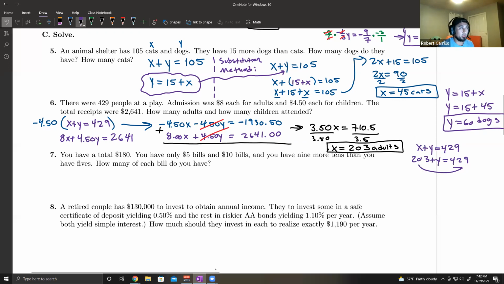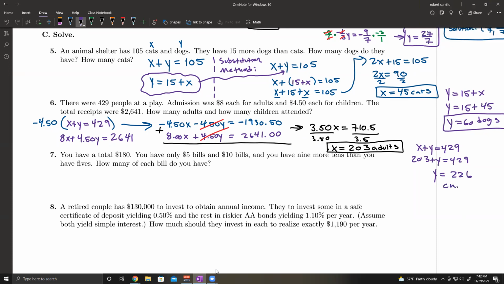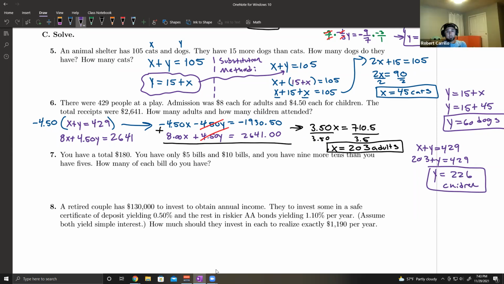Move that 203 over, and I heard 226, right? Yes. Cool. There you go. 226 children, 203 adults. All right. Everybody go with that one?